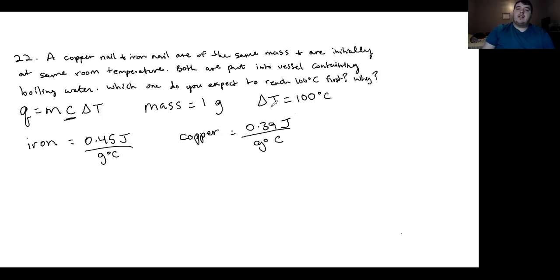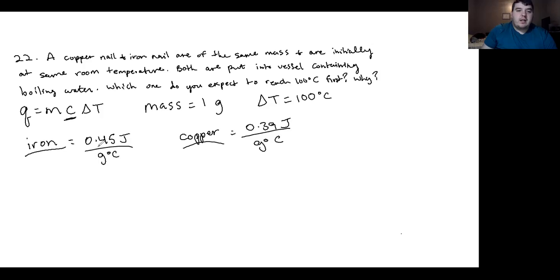Now, when we calculate the Q value for the heat, whichever uses the higher energy is going to be the one that takes longer to heat up, because, of course, it uses more energy. So let's apply this calculation to both nails.